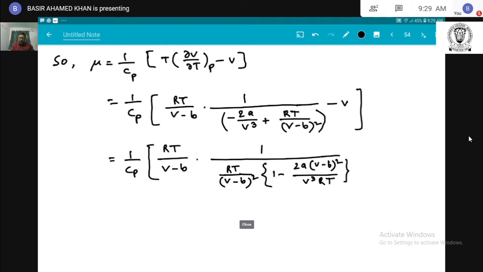This way I write this equation: 1 − 2a(V − b)²/(RT V³), third bracket close, minus V. From here it is RT(V − b) and here RT/(V − b) whole square.